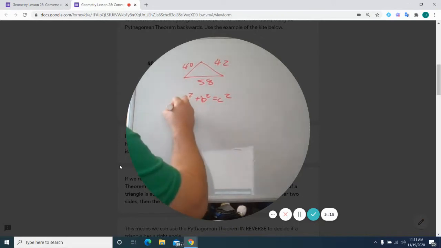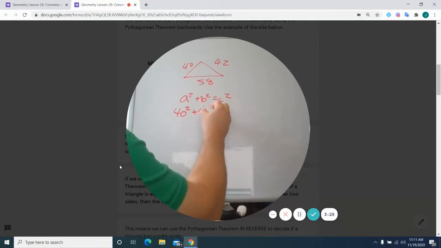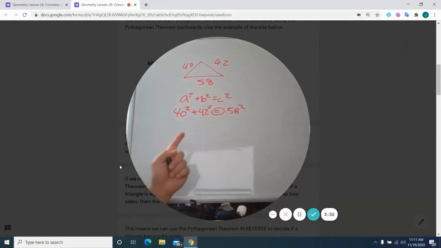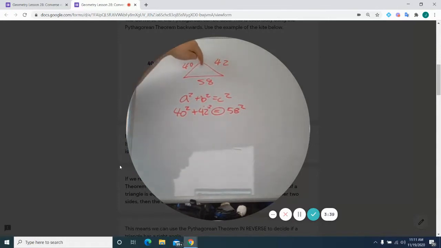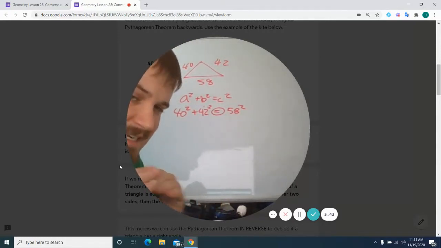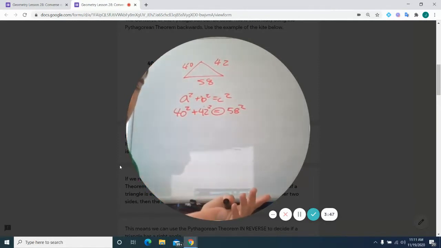If we do 40 squared plus 42 squared, does it equal 58 squared? That's what we're testing. We're not saying it does; we're wondering if it does. If it does, what does that tell you? It tells you this is a right angle. If they don't equal each other, it tells you that it's not a right triangle. It's still a triangle, it's something else.